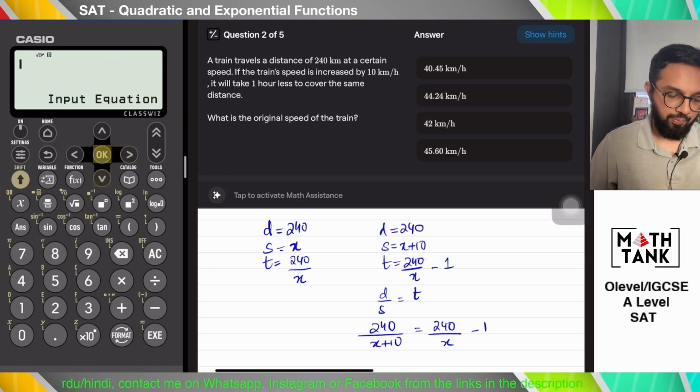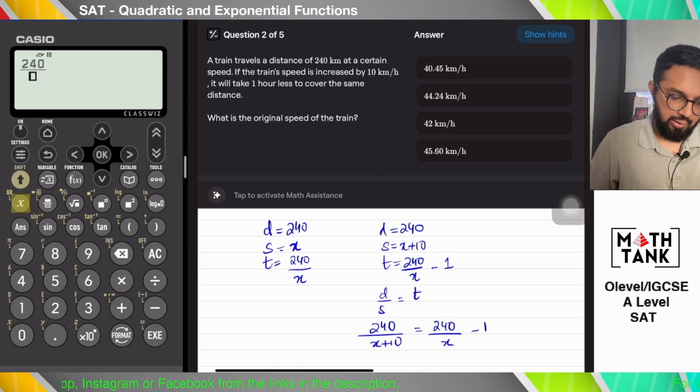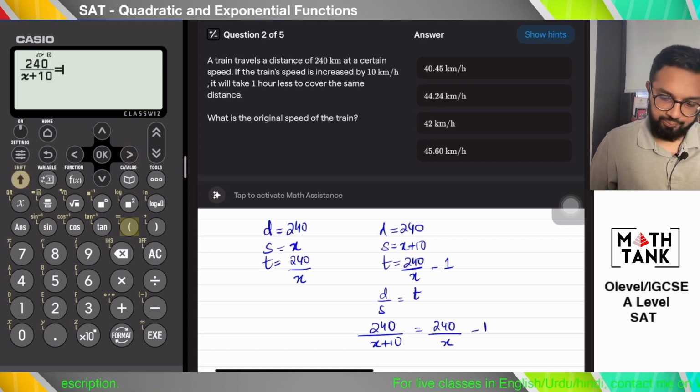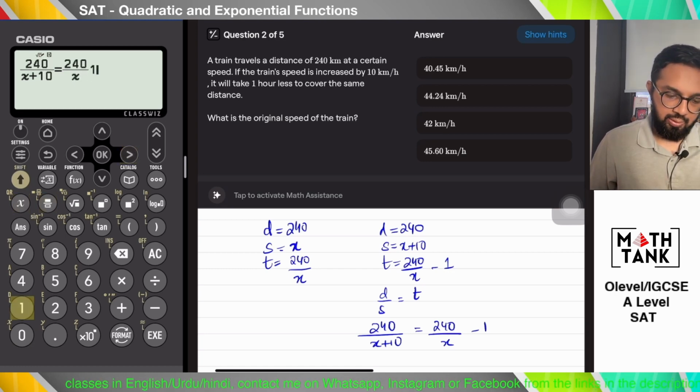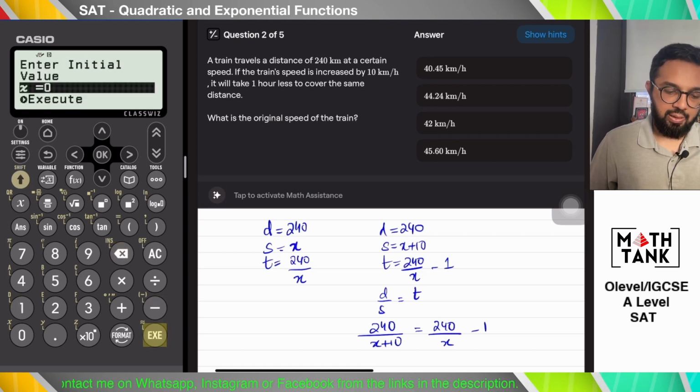Okay, so 240 over x plus 10 equals 240 over x minus 1. Okay, let's say I feel that 42 should be the right answer.